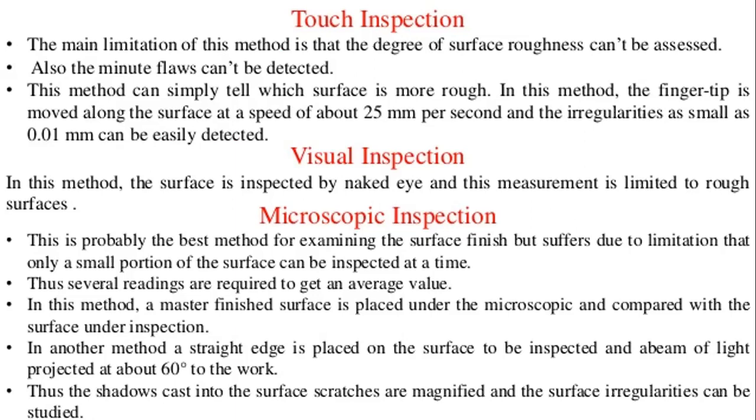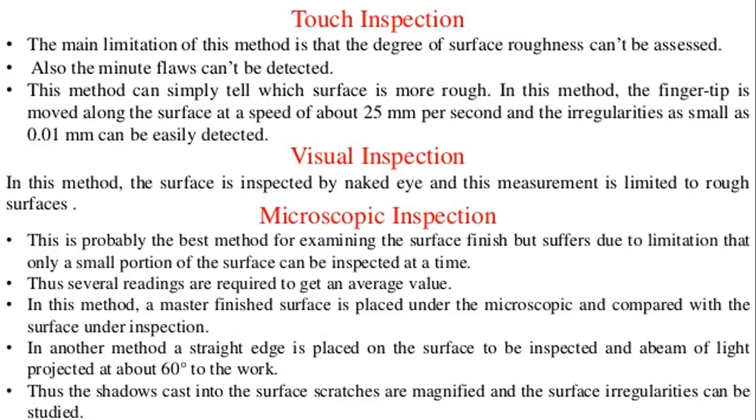And the second one is visual inspection. In this method, the surface is inspected by the naked eye, and this measurement is limited to rough surfaces only.